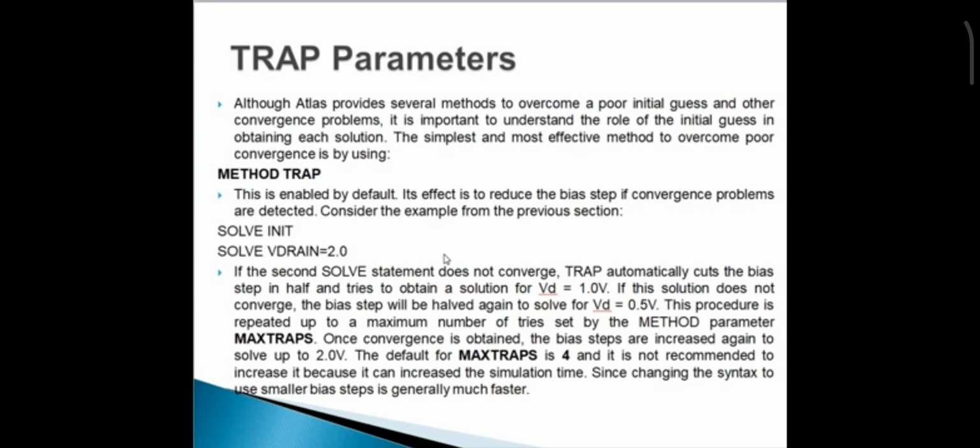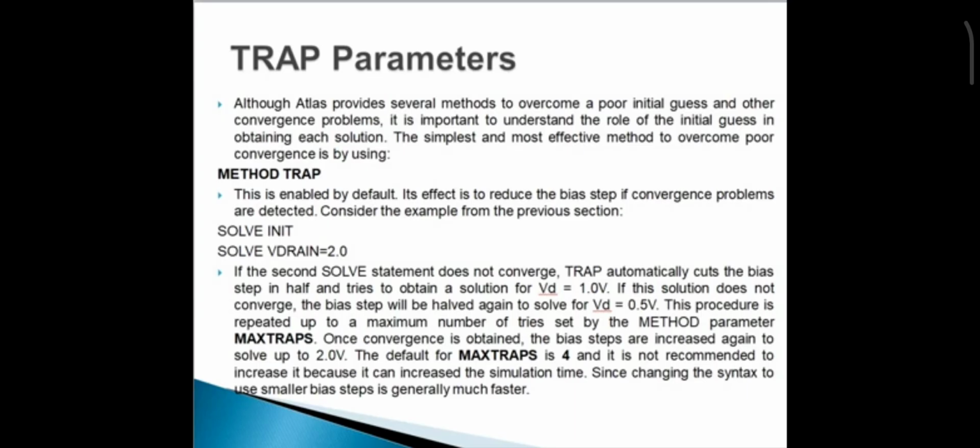Considering the example from the previous section: solve init, solve vdrain=2.0 volt. If the second solve statement does not converge, trap automatically cuts the bias step in half and tries to obtain a solution for Vd equal to 1 volt. If the solution does not converge, the bias step will be halved again to solve for the drain voltage equal to 0.5 volt. This procedure is repeated up to a maximum number of tries set by the method parameter maxtraps.